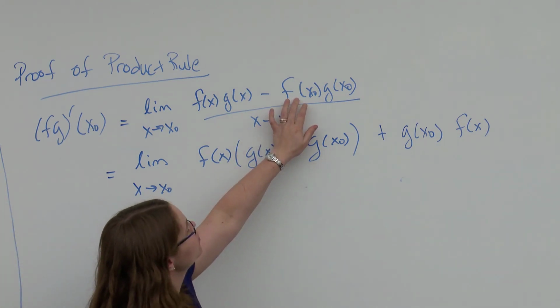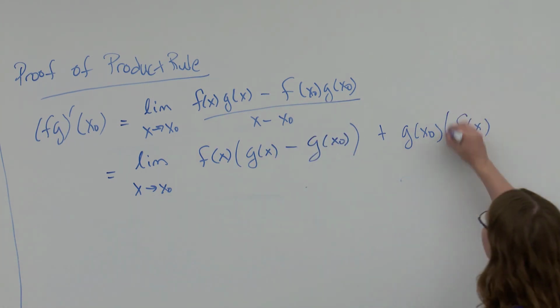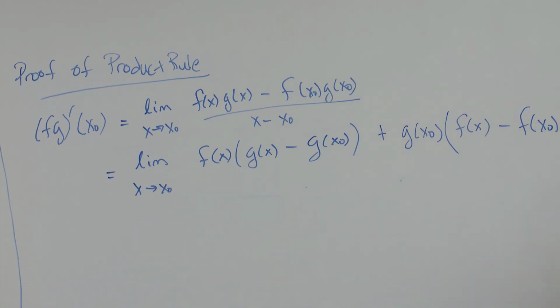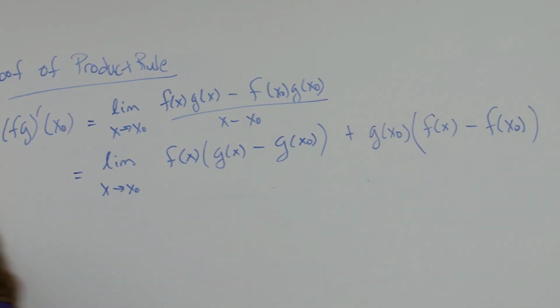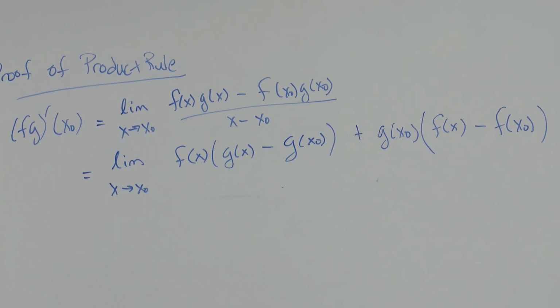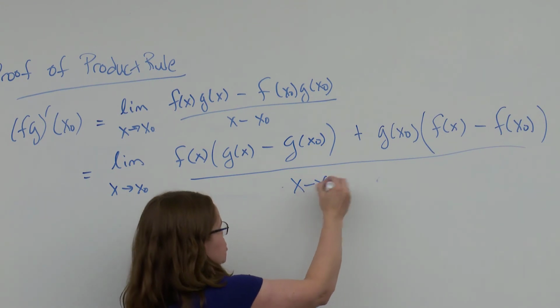I just added 0 to the expression, and I wrote 0 in a slightly clever way. And we still have this term we better include. It also includes a g of x naught and a minus f of x naught. And the denominator, I'm going to leave unchanged.